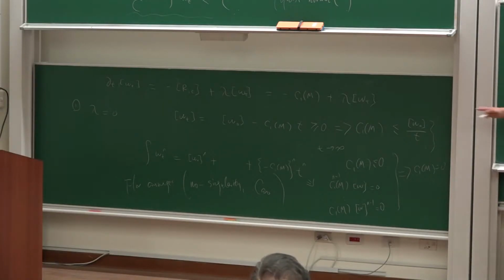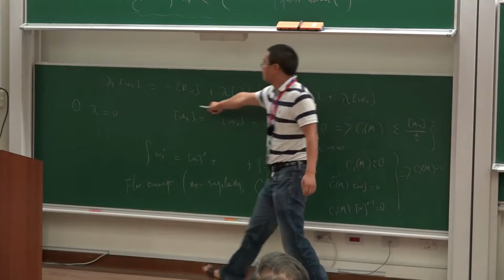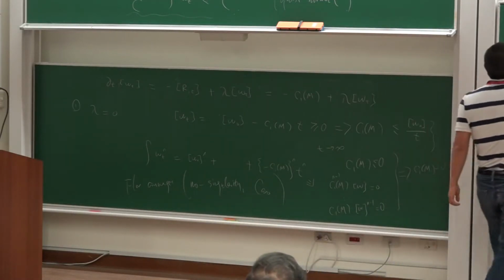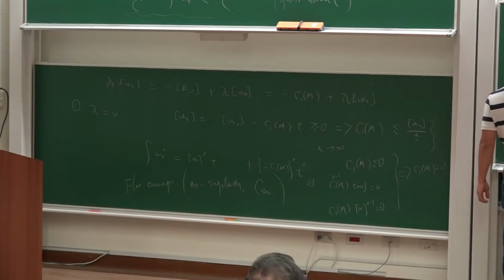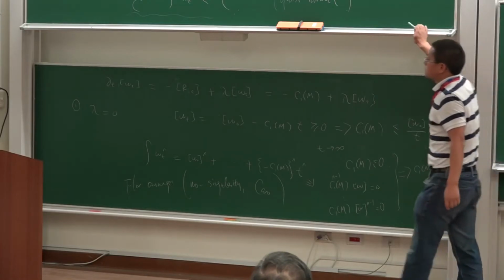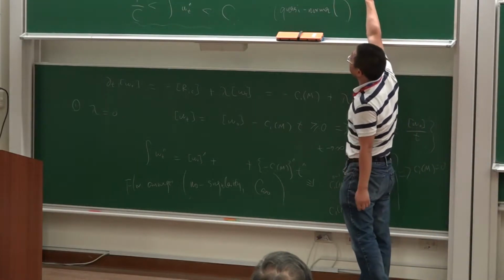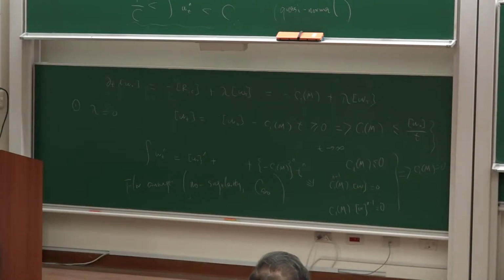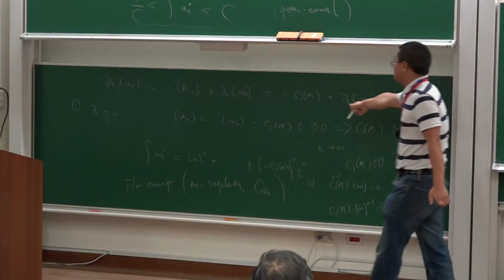So the interesting thing is the case we are more focused on, when lambda is non-zero. So we consider the case when lambda is not 0. As we said, this lambda should be positive 1 or negative 1. And then by solving this ODE, this is quite elementary.